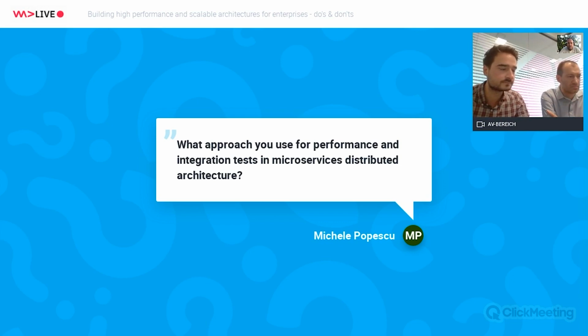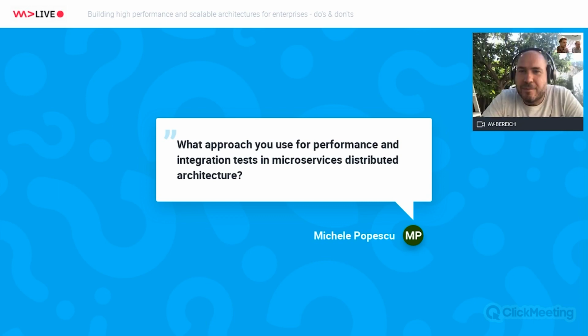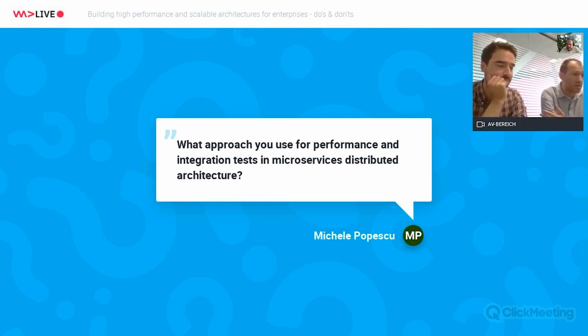Okay, what approach do you use for performance and integration tests in a microservices distributed architecture? So we are relying on mocks here regarding the integration tests. Of course, I mentioned that we always have user acceptance testing that is done by the testing team. But when you are developing, for us, great technologies were Testcontainers, where you could mock a database, and also WireMock, because most of our integrations are based on either SOAP or PL/SQL.